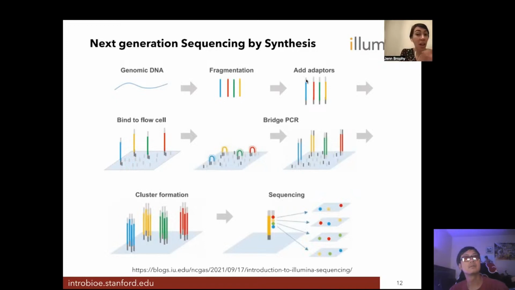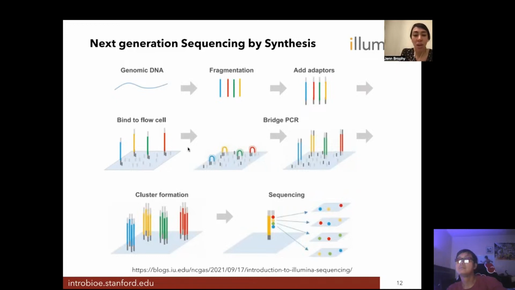These adapters all have exactly the same sequence, and what they're going to do is allow you to bind your pieces of genomic DNA to what's called a flow cell. So this is a little chip that basically has tiny pieces of DNA already stuck onto it. And those tiny pieces of DNA are complementary to your adapter sequences of DNA. So those little adapters allow you to stick pieces of genomic DNA onto the chip.